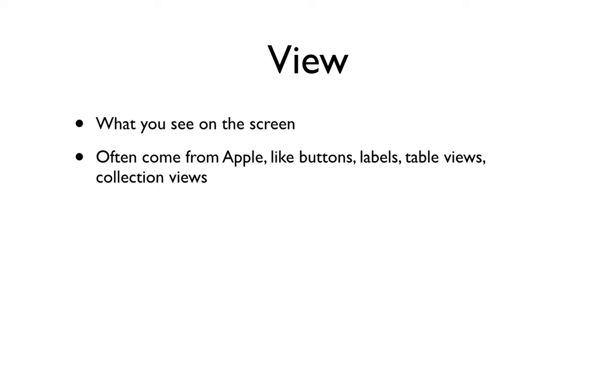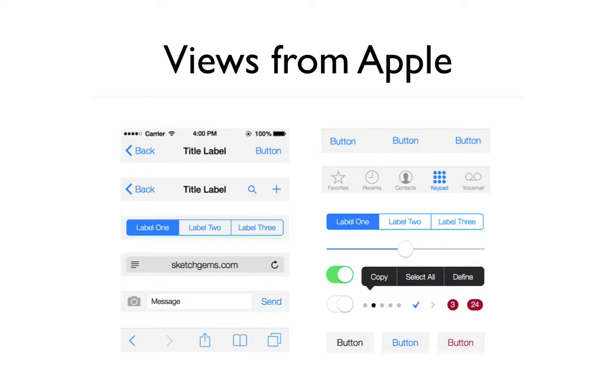The view on the home screen of the Hungry Grow app is a collection view, a collection of tiles. A table view is most likely a list of items, but with a collection view you can do a lot of things. These are the standard views from Apple.